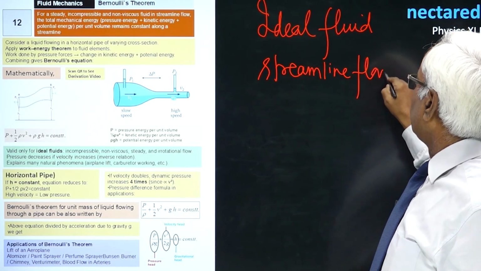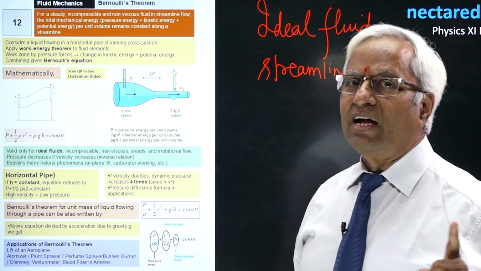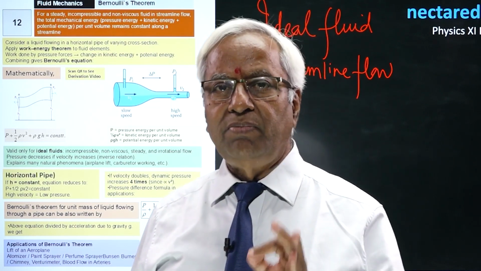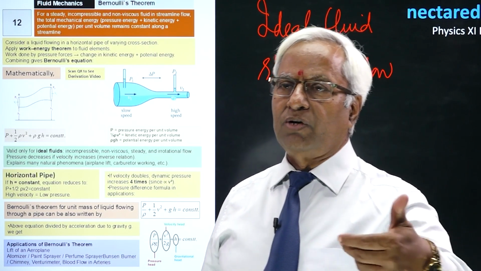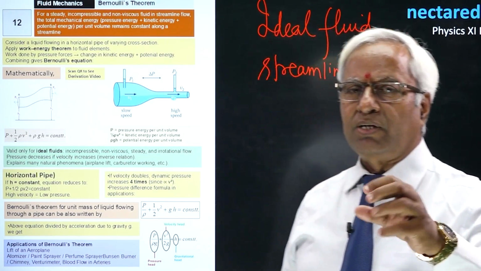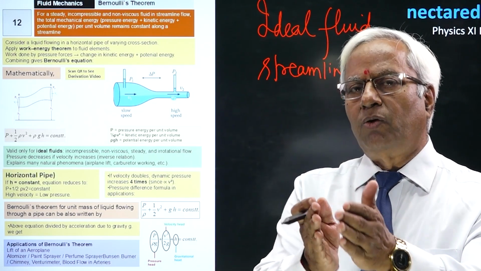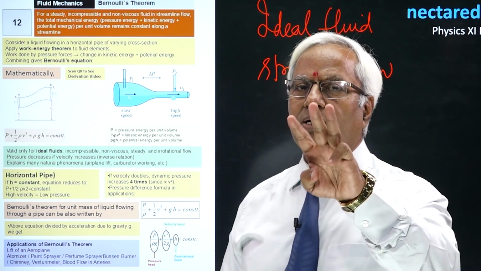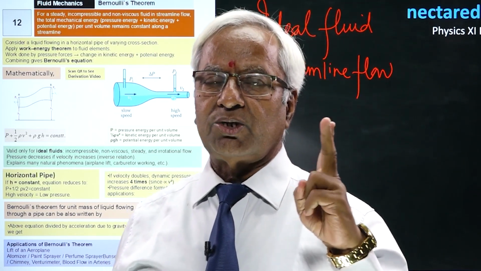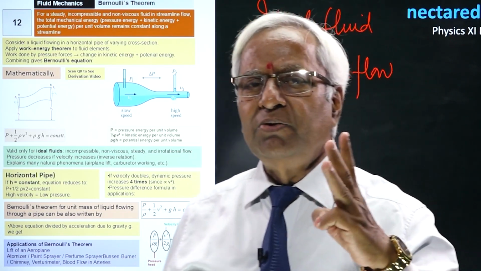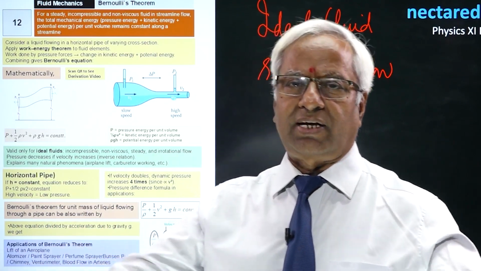To begin with Bernoulli's theorem, let's start from here. For an ideal fluid in streamlined flow, per unit volume. You might say you have bracketed the whole thing, meaning it is going to be applied for unit volume only. So, three terms you need to remember. For an ideal fluid in a streamlined flow, per unit volume, the sum of three energies is constant.